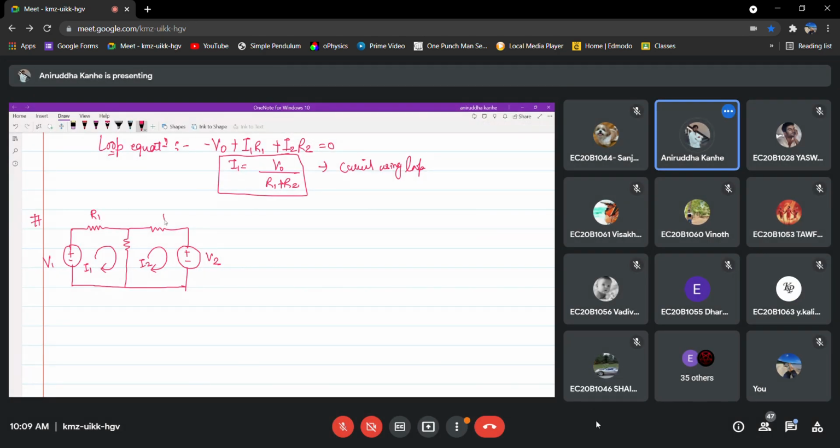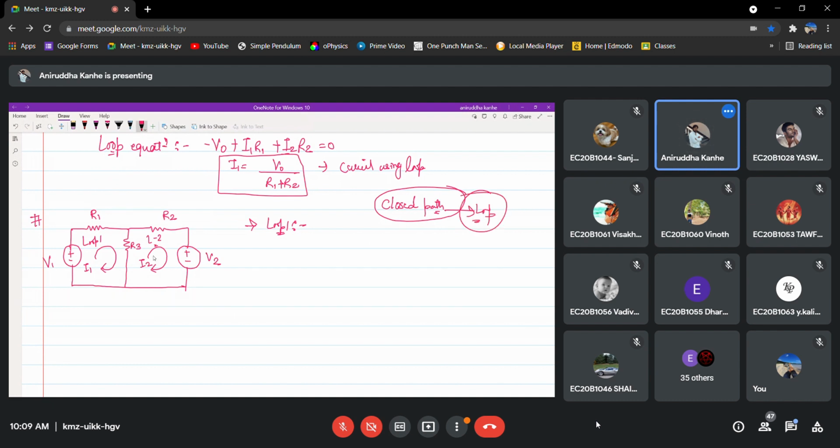This is R1, this is R2, and this is R3. Let us call this loop 1 and that loop 2. And what is a loop? A loop is a closed path where you're not crossing any particular node more than once.